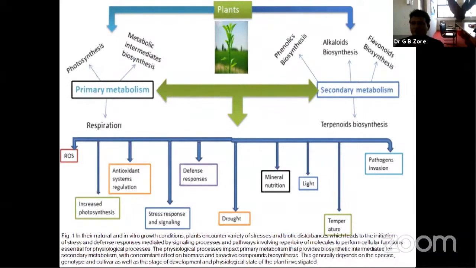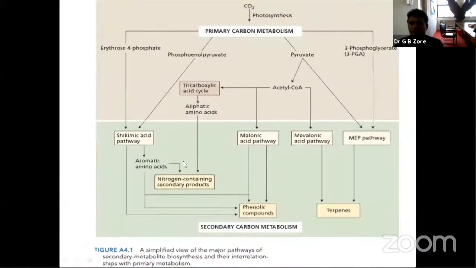As I mentioned, there are three different groups: nitrogen-containing compounds, phenolic compounds, and terpenes. These are the three major classes of secondary metabolites, and this is how they are synthesized. You can see the intermediates of different primary metabolic pathways being used as precursors for these secondary metabolic pathways, or the synthesis of these secondary metabolites.